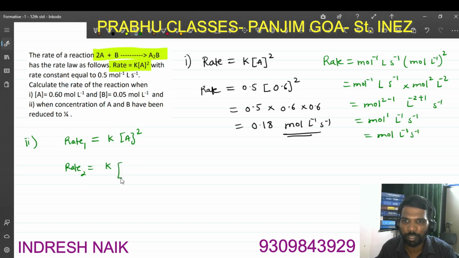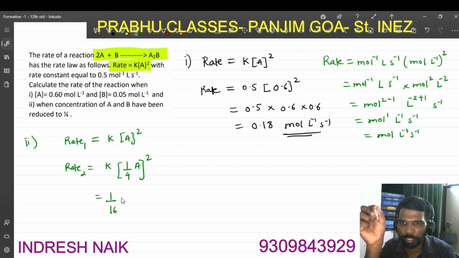Here only the concentration of A matters, from the rate law expression I can understand. So one fourth of A, the whole square, could be written as 1/16 of k times A the whole square.